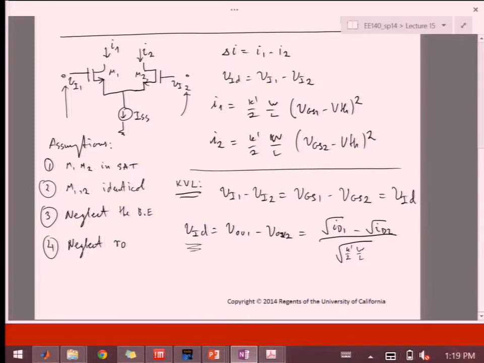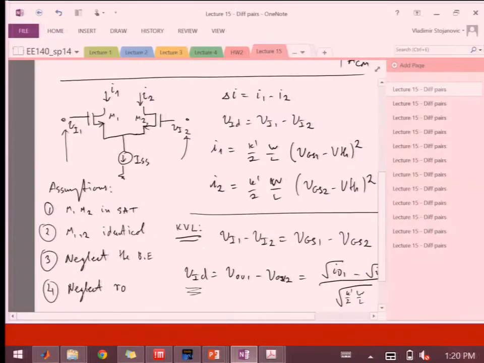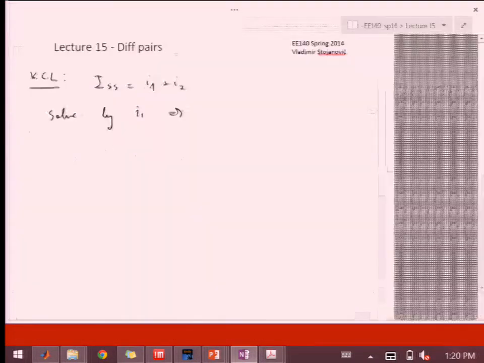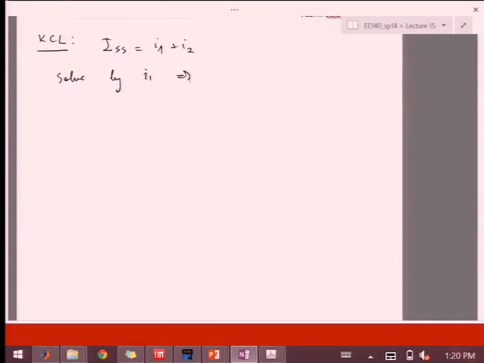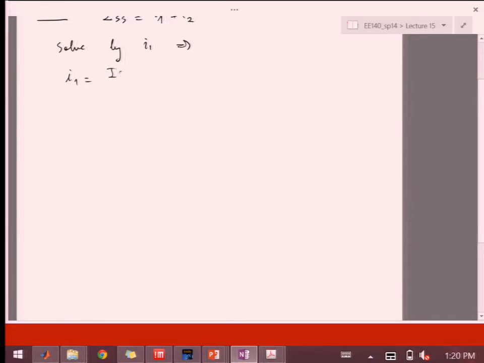And then I get essentially a quadratic equation in I1. So if I solve that explicitly, just like we did for Wheeler sources and things like that, you're going to get that I1 is ISS over 2. There will be two possible solutions, but only the plus is meaningful.